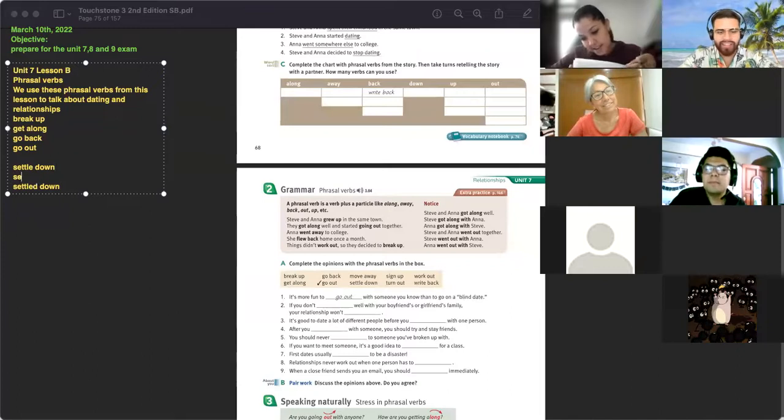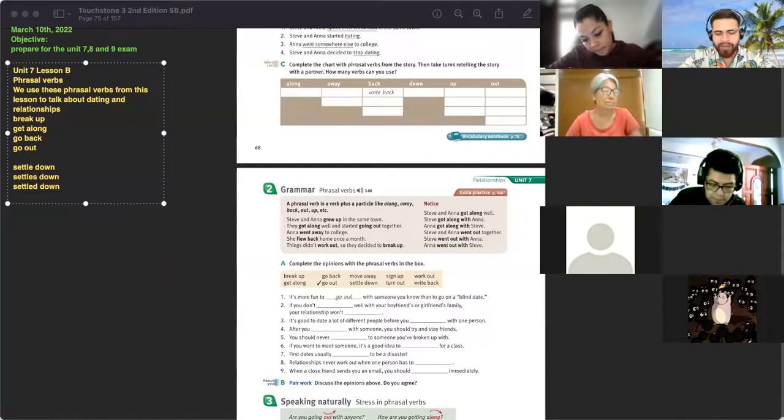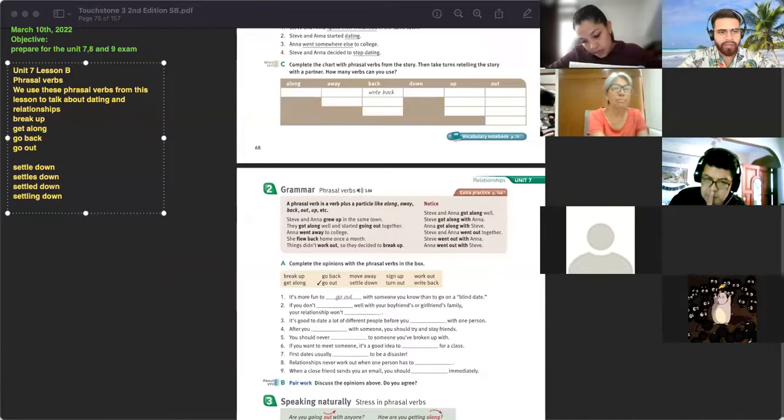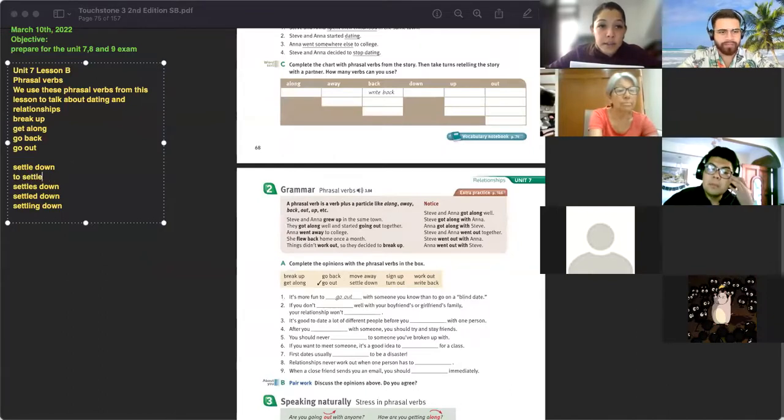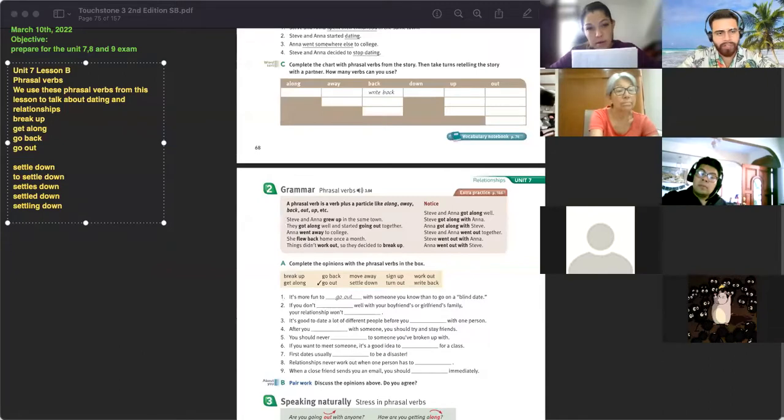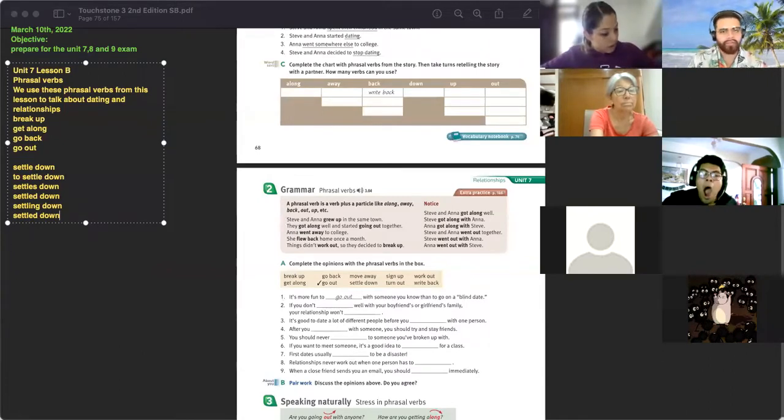Third person, settles down. Present participle, settling down. Infinitive, to settle down. And the past participle would be settled down again because it is a regular phrasal verb.